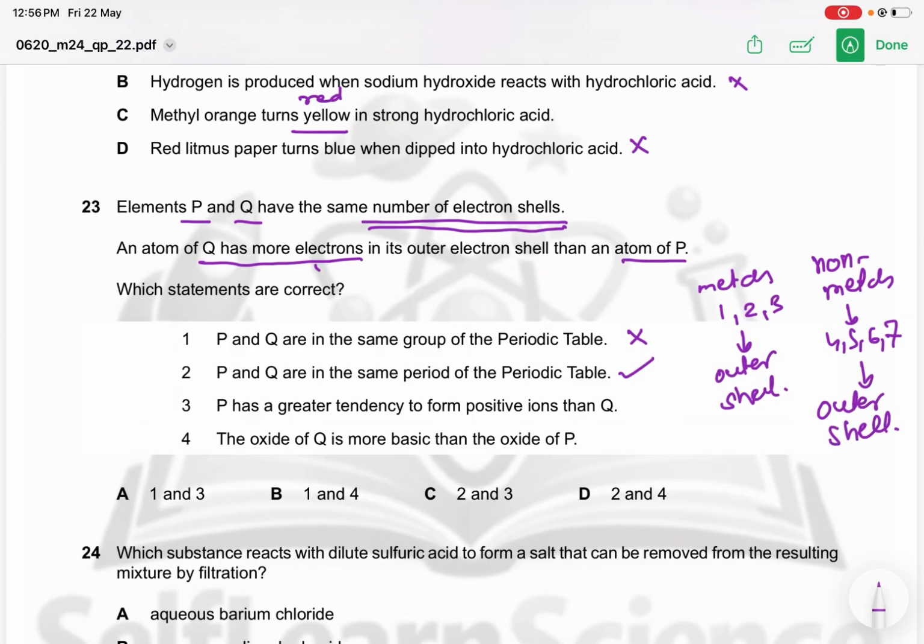Okay, so if Q has more electrons, meaning P has fewer electrons than Q. So P has a greater tendency to form positive ions. Okay, so this is also correct.